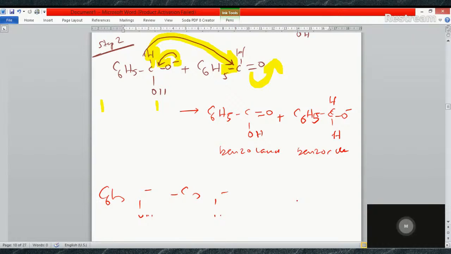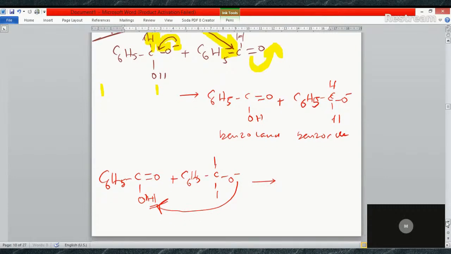The acid-base reaction, proton exchange. How is the proton exchanged? In this manner it is explained. C double bond O, here it is OH, plus C6H5CH2O minus. This proton is transferred to this oxygen. Oxygen is giving its electron to this proton. So execute the change and find the result.